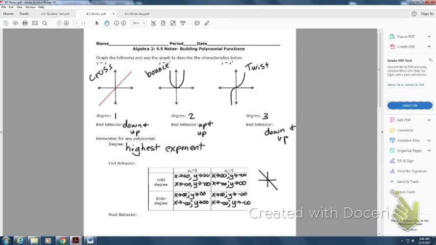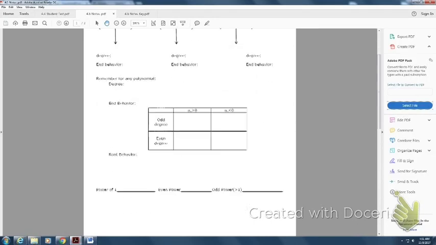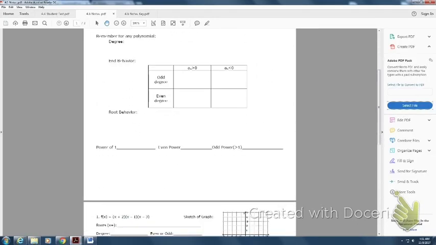Let's look at what we're going to call the root behavior. Make sure you get this definition down here.